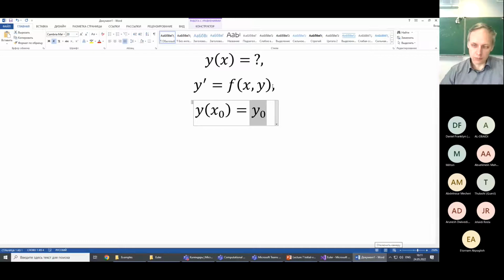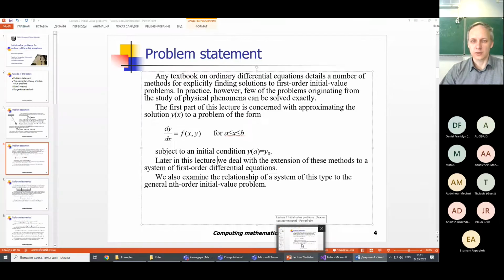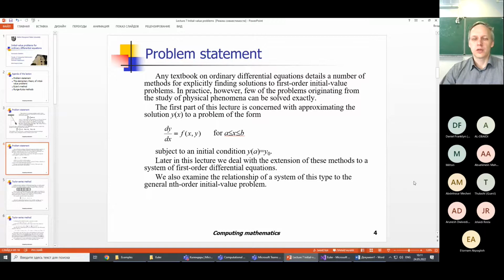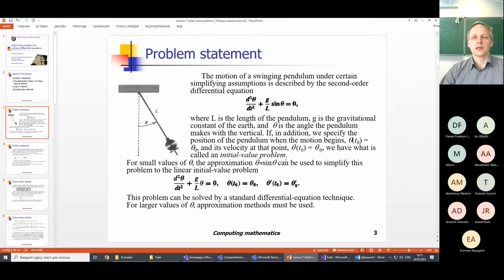Well, we review some information from the theory of differential equations.